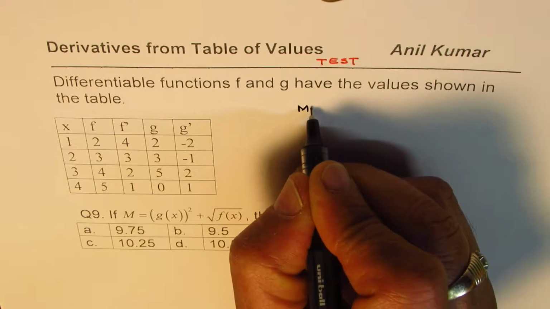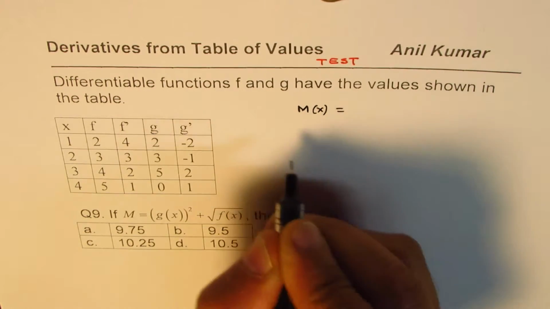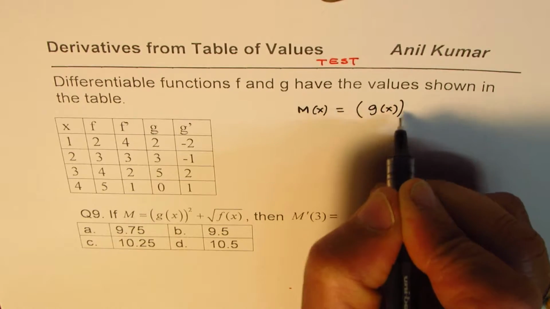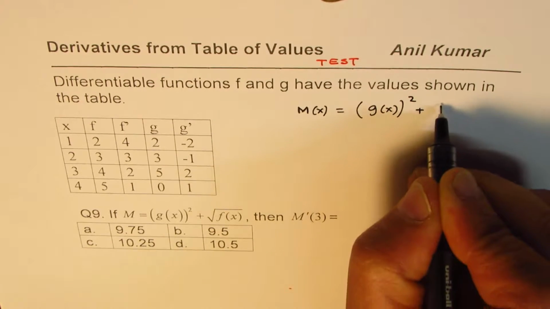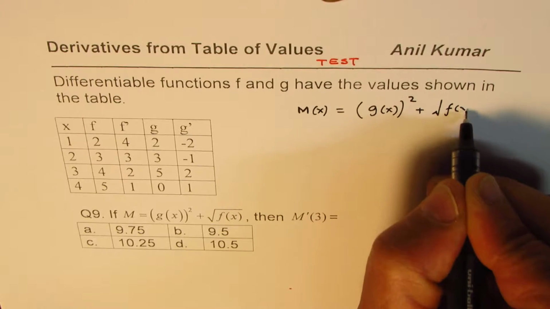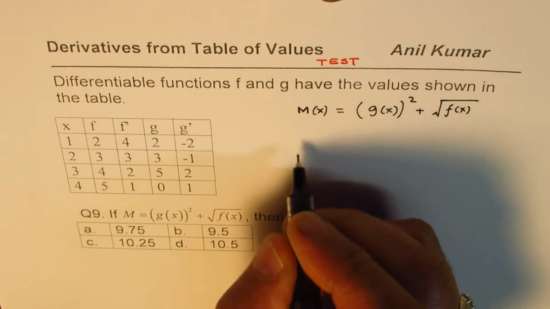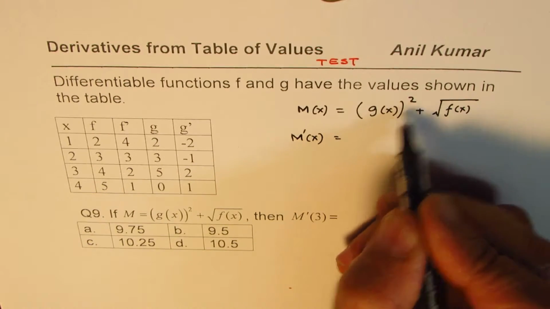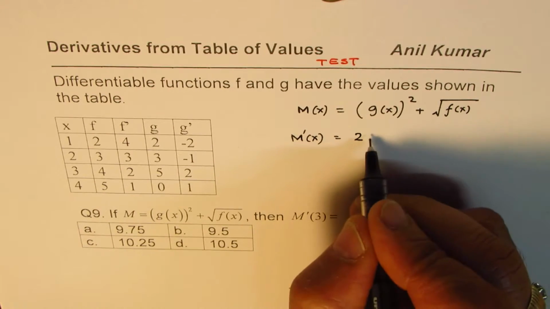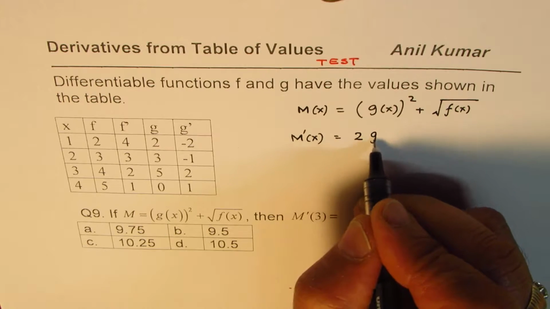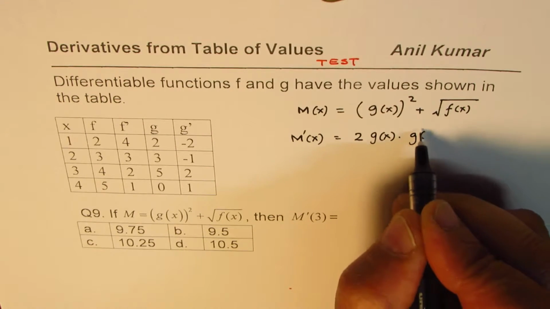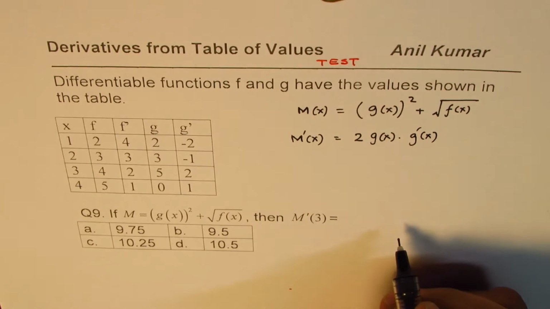We have m, this function is a function of x. Let me write this, it helps. g of x whole square plus square root of f of x, right? Derivative of this function will be, power rule, 2 times g of x times the derivative of inside function, which is g prime x.